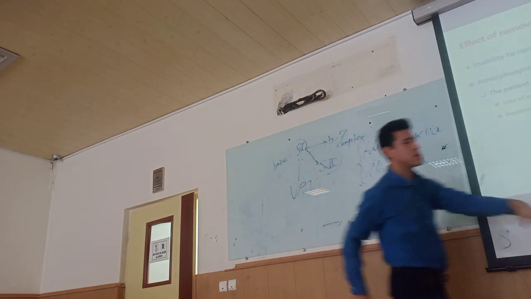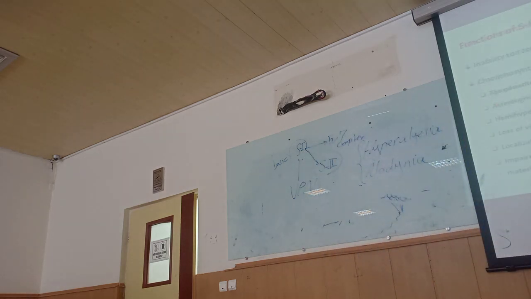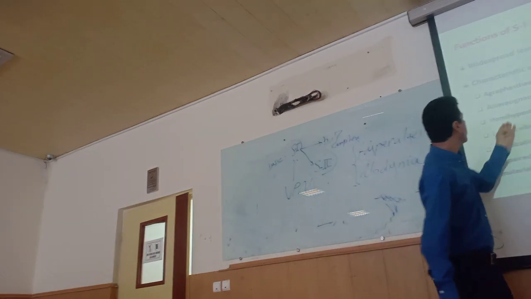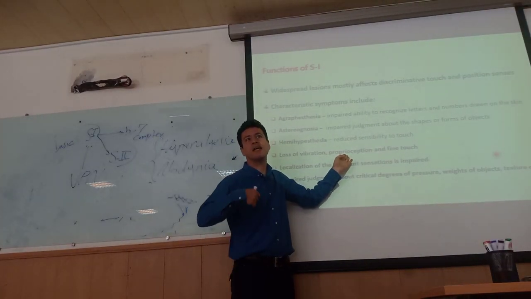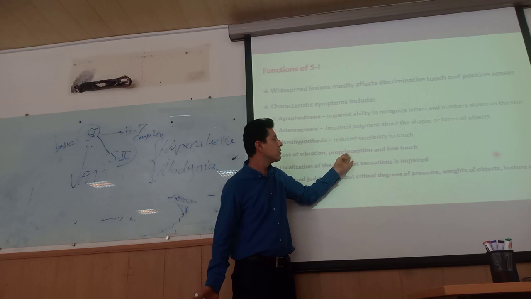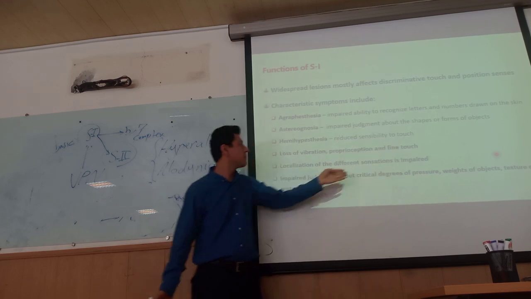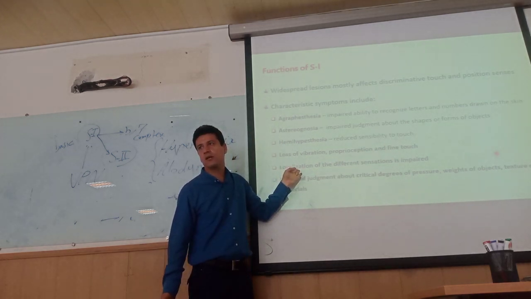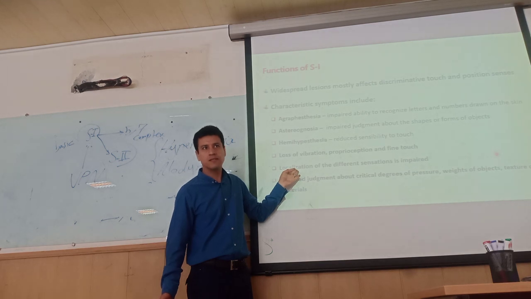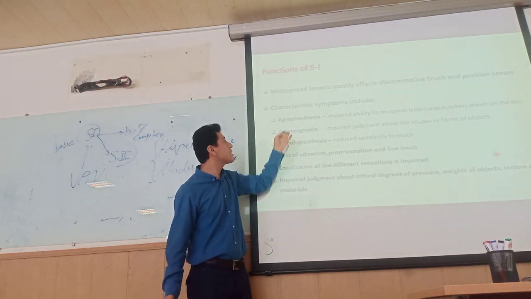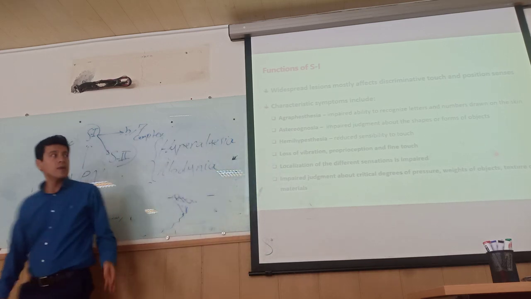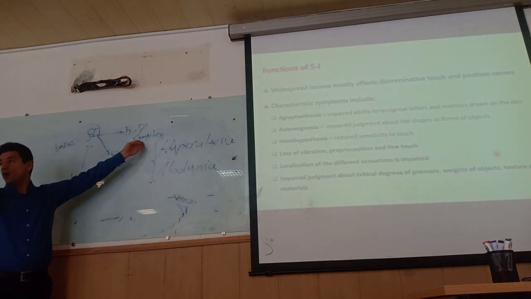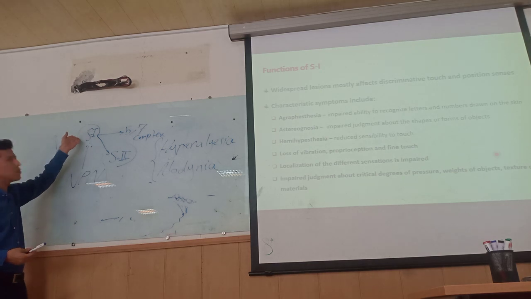We have this in this slide. Vibration is lost, proprioception is lost, so the patient is not aware of the body part. Fine touch is lost, localization is lost, right? But also stereognosis happens, because for judgment about the form of the object, we need basic features.